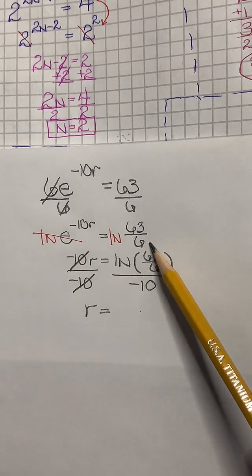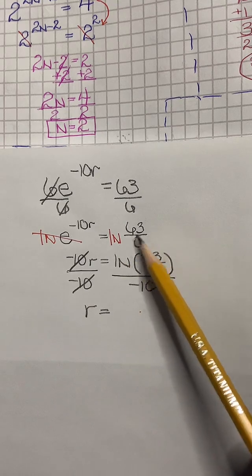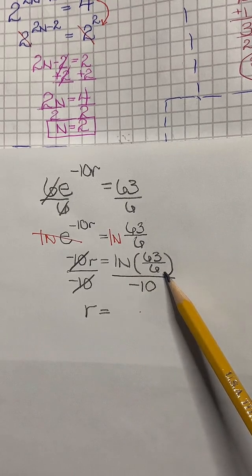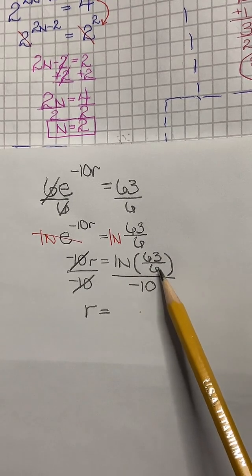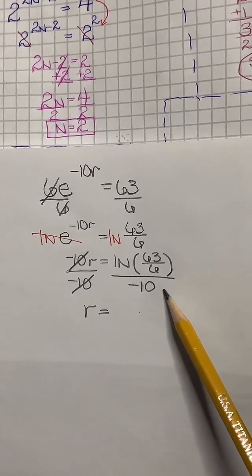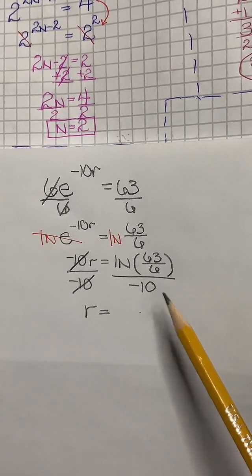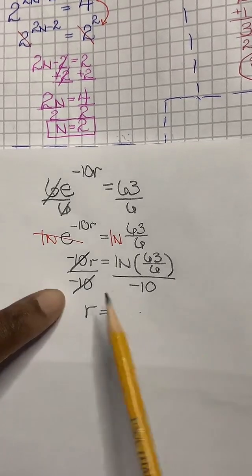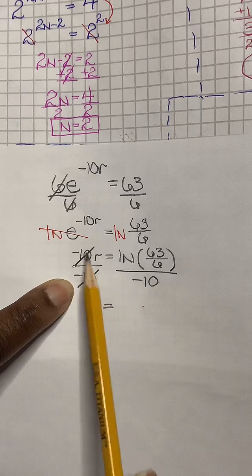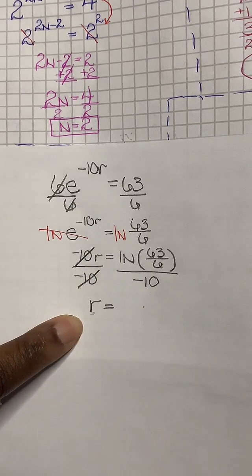Now, you can keep this natural log of 63 over 6, because that's going to give you a lovely little decimal. So instead of trying to simplify, you always want to simplify or round at the end. That's why we're just going to divide both sides by negative 10 so we can isolate our r.